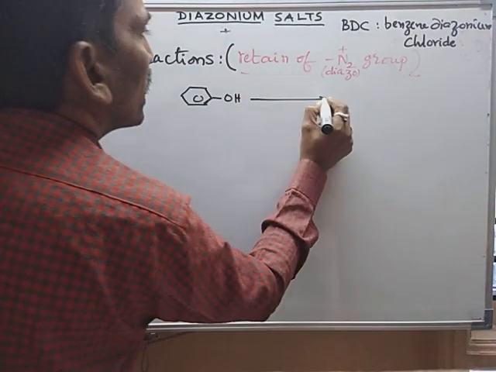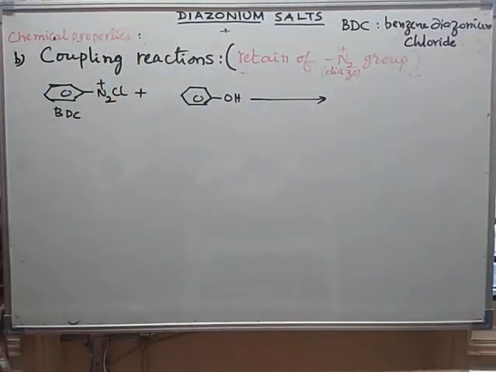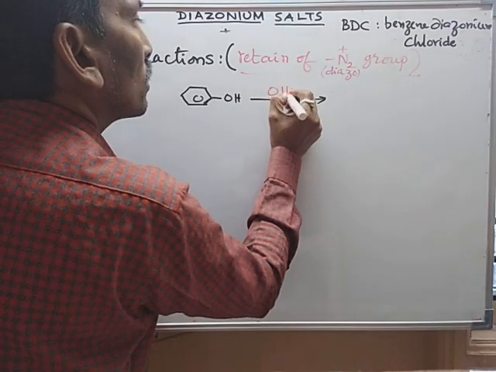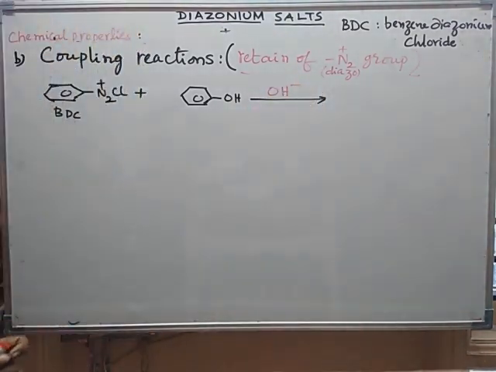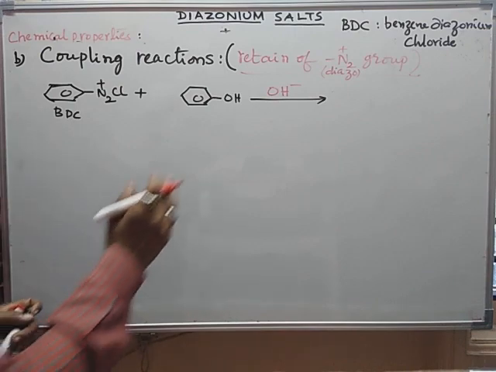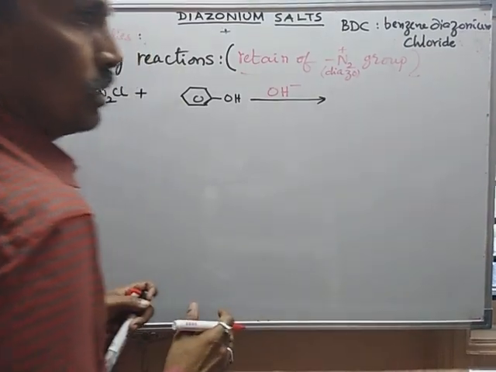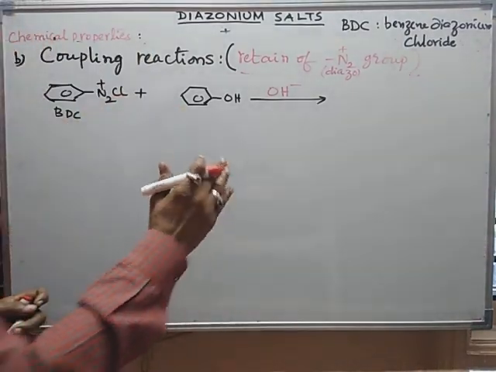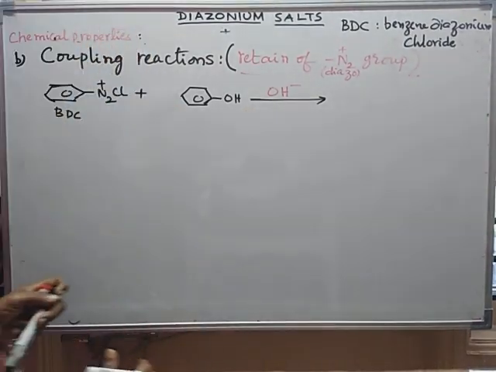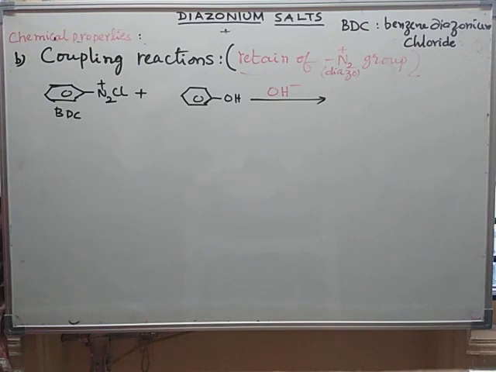Joining is very easy, and you maintain the reaction condition as alkaline. That is not too low alkaline or too high alkaline, not less basic and not more basic. Some optimum pH conditions we have to observe in order to get the product.